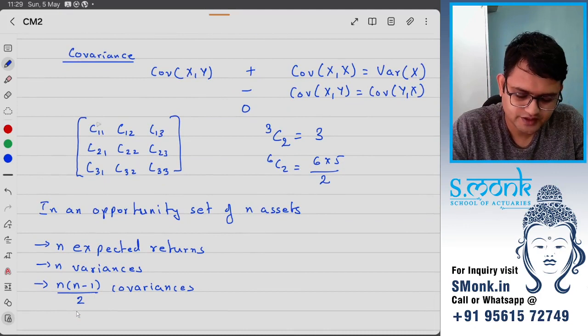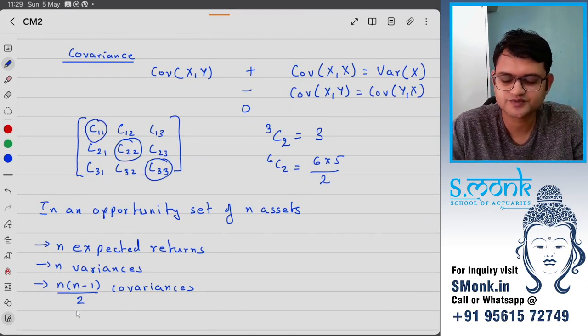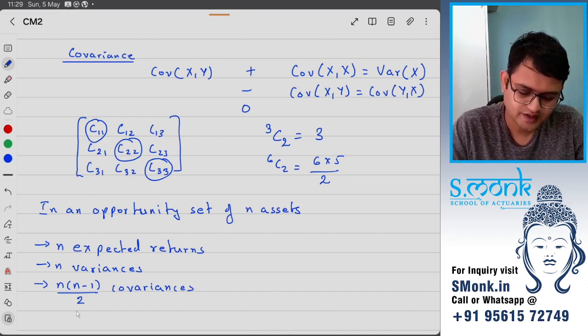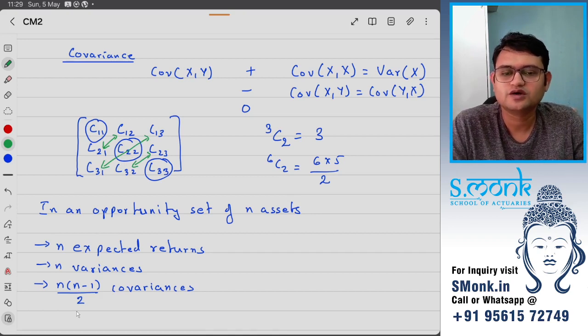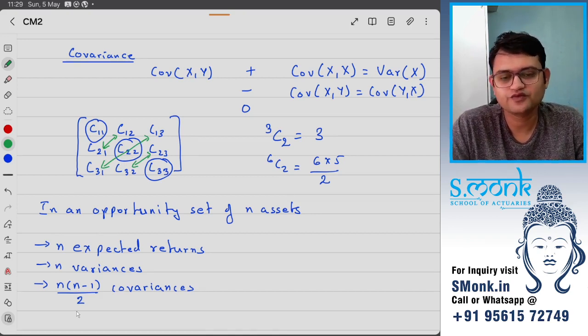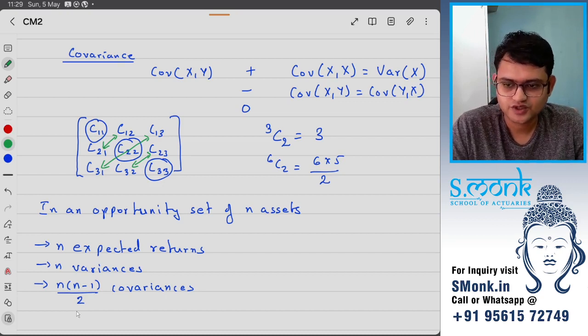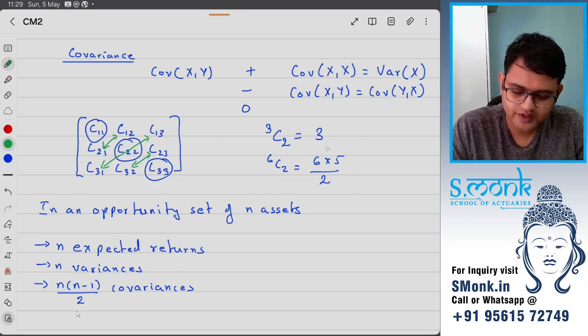And we know that these C11, C22 and C33 just mean that they are the variance of 1, 2 and 3, and these values across the diagonal are the same, these, this and this. So we just need the upper triangular matrix to know all the values of variance and covariances out of this covariance matrix.